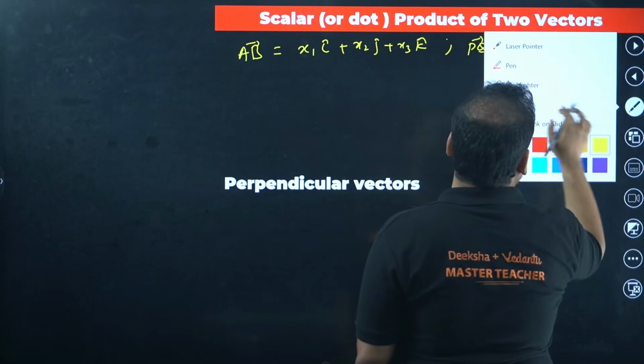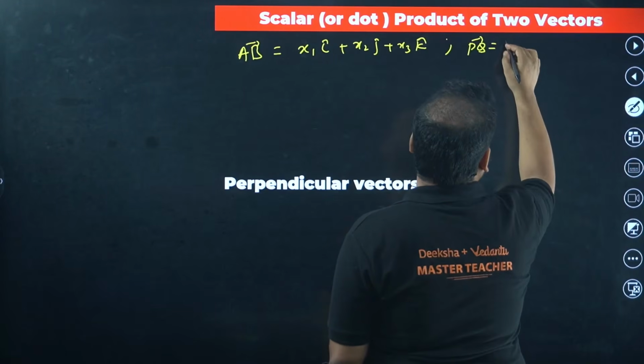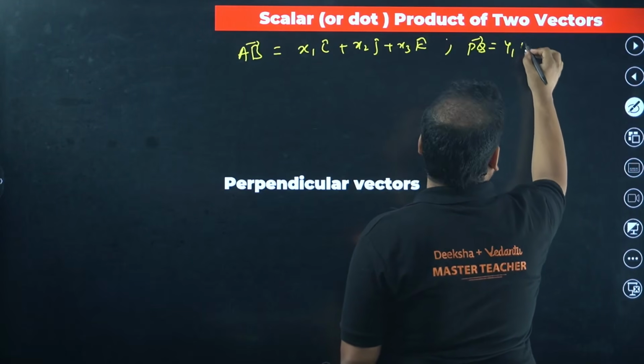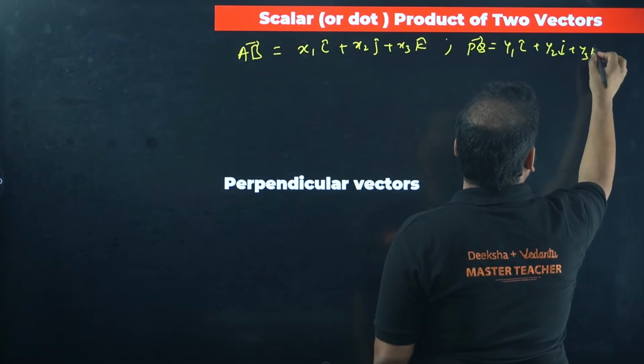I have written this as x1, x2 now. So y1 i cap, y2 j cap, and y3 k cap.